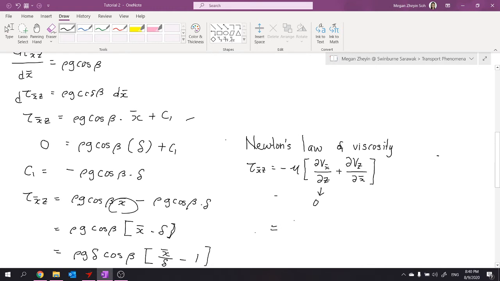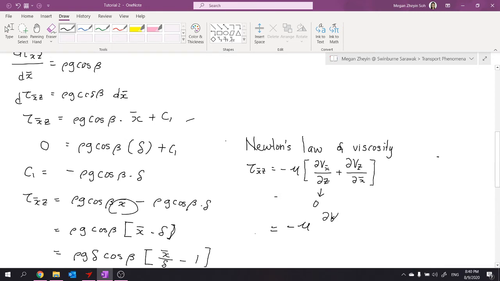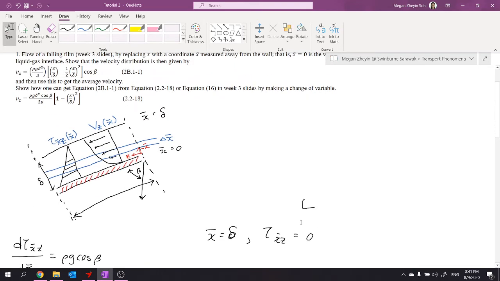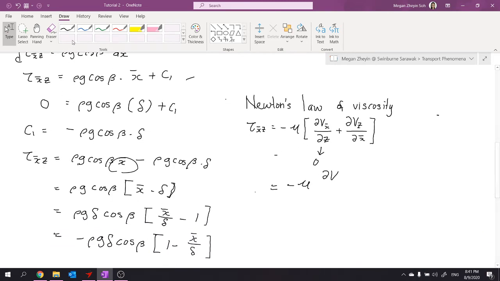That leaves us with negative mu multiplied by dvz over dx bar. So we substitute this into the following equation.